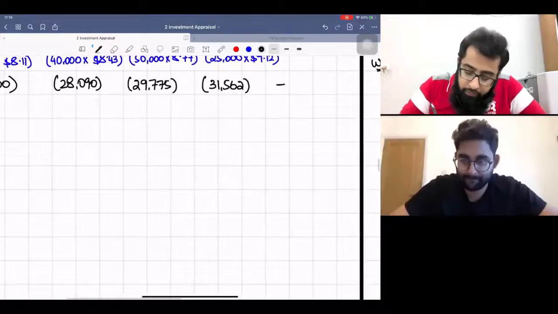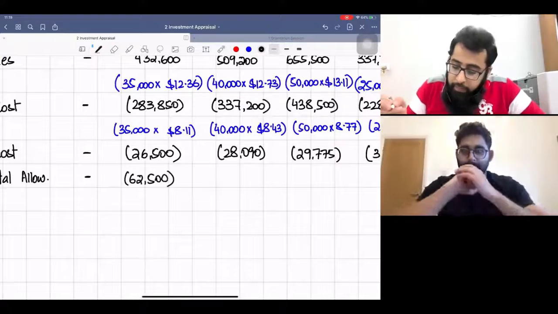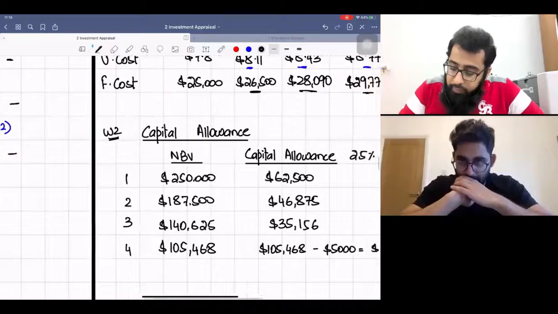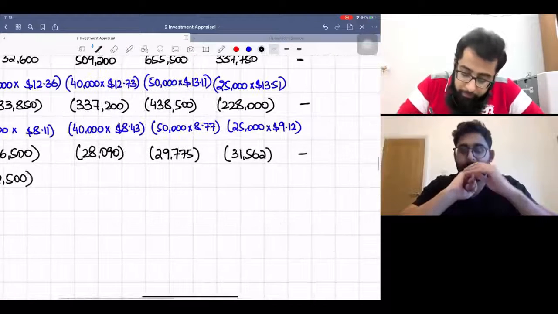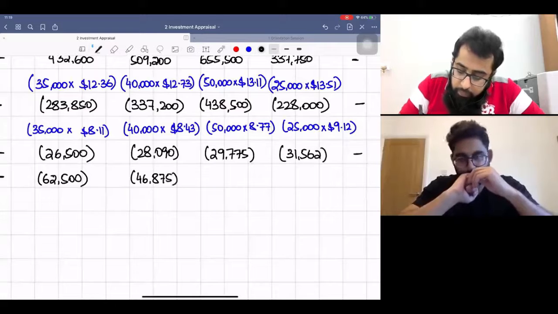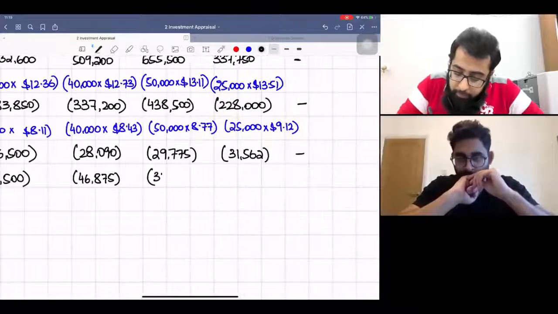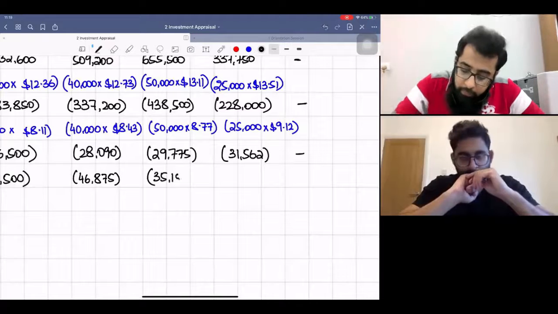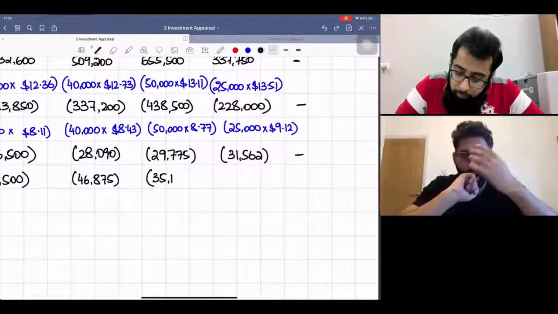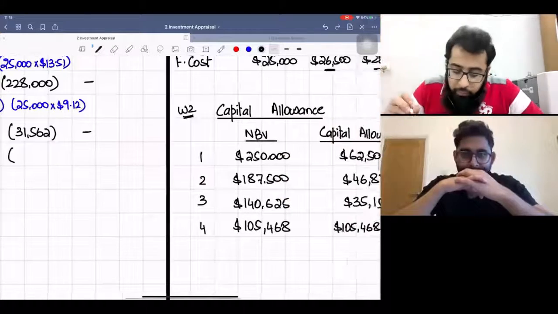Okay, so the capital allowances are: first 62,500, the second 46,875, the third 35,156, and the last one is 100,468.